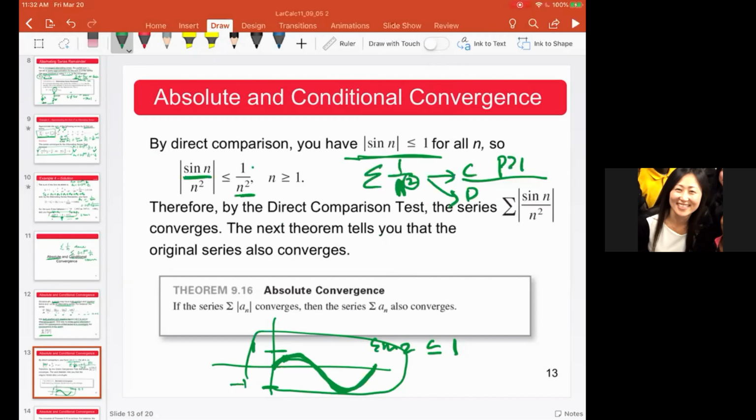So because this one converges, I can say this one also converges. From yesterday's lesson, if the infinite series is positive, and if the larger series converges, then the smaller series also converges.